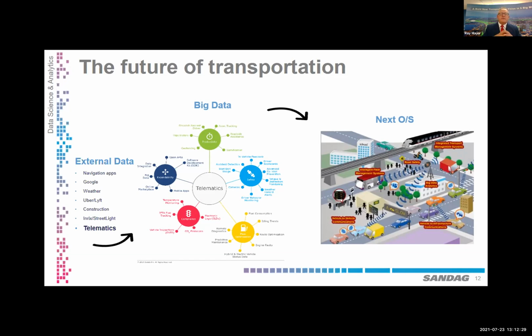All of this information, which is considered to be big data, eventually feeds into the next operating system as we analyze it and understand where different vehicles are, where curb space is, and everything is starting to happen using technology. This is a revolution in transportation that's going to happen in the next couple of decades, and it's all based upon data and data analytics.